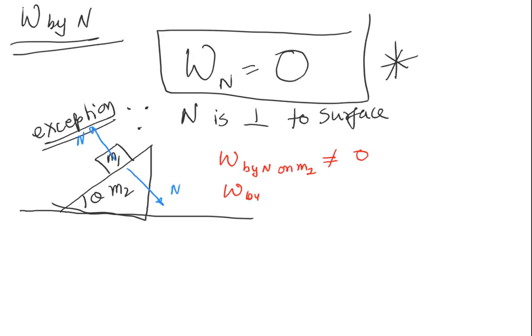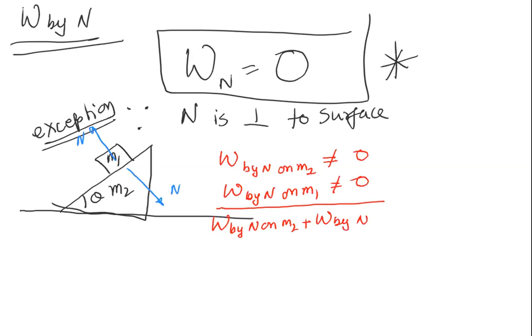Work done by normal reaction on M1 is not equal to zero. However, the sum of these two quantities, that means work done by normal reaction on M2 plus work done by normal reaction on M1 is equal to zero.